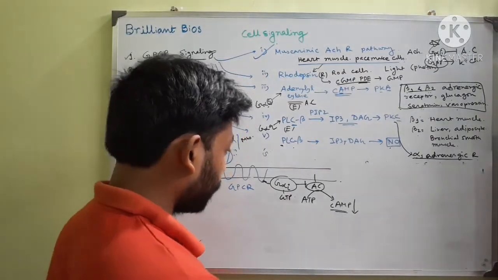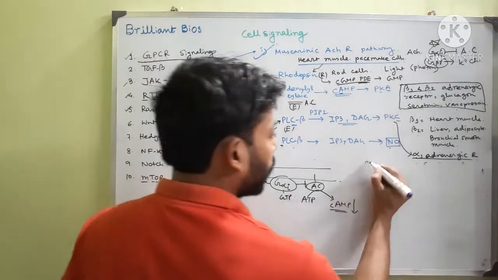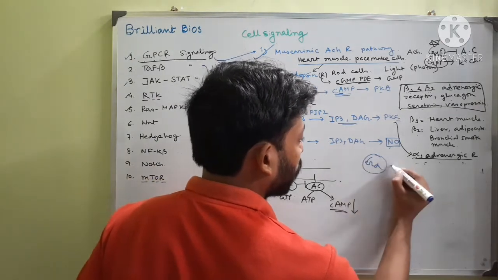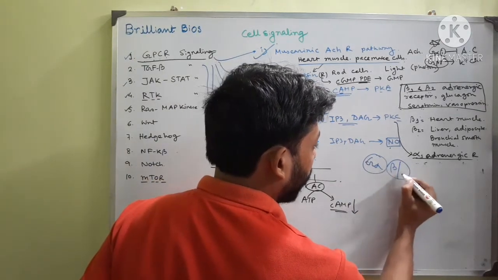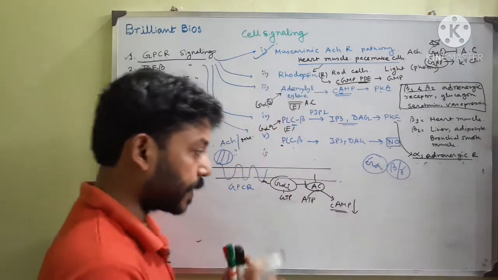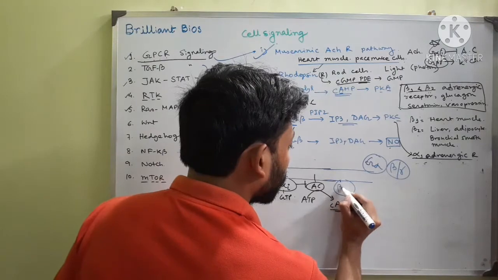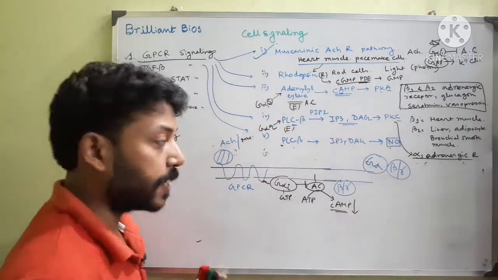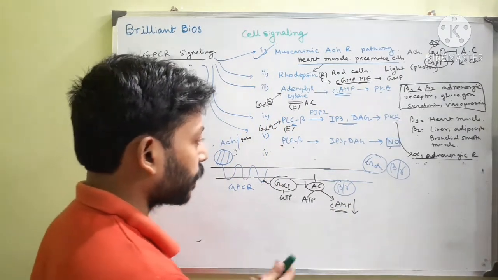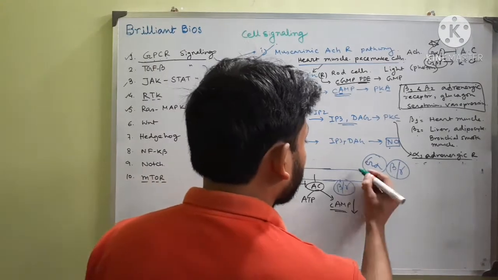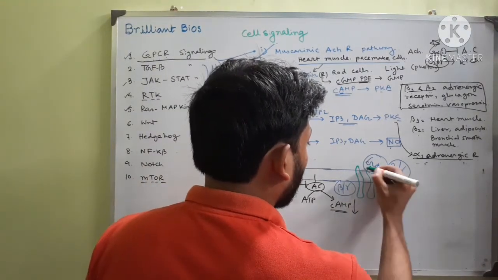Not only that, I have mentioned that the trimeric G protein, the G alpha protein, associates with the other two subunits called beta and gamma. Together they form a complex. This beta gamma plays a major role in this case. They activate a channel protein called the potassium channel.